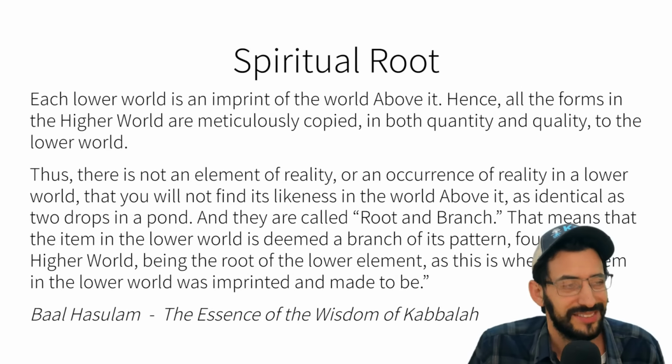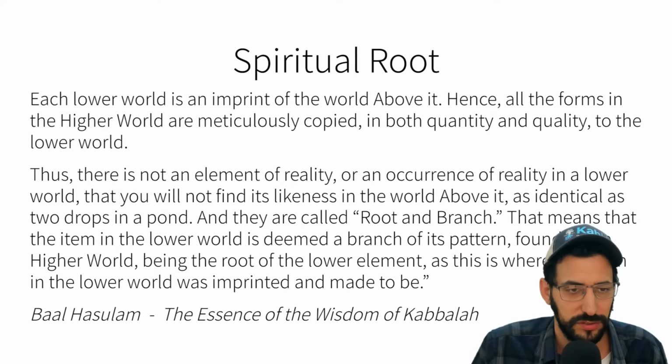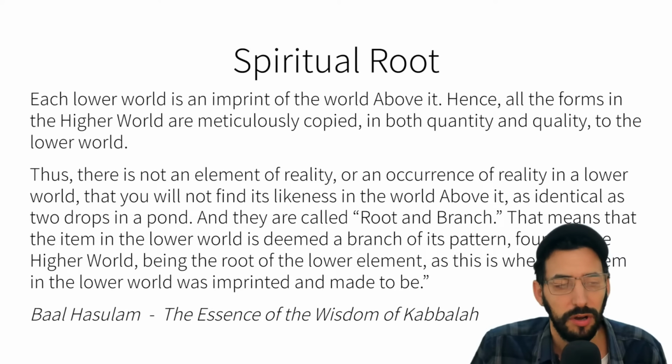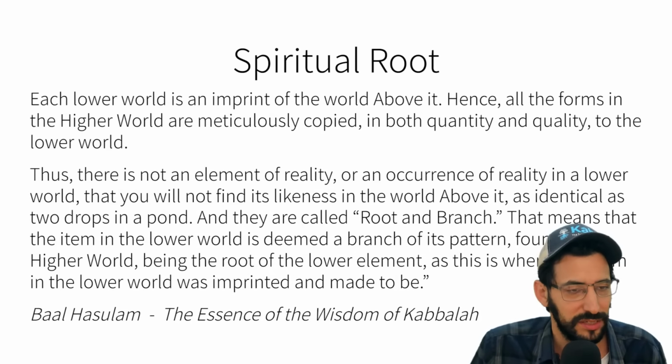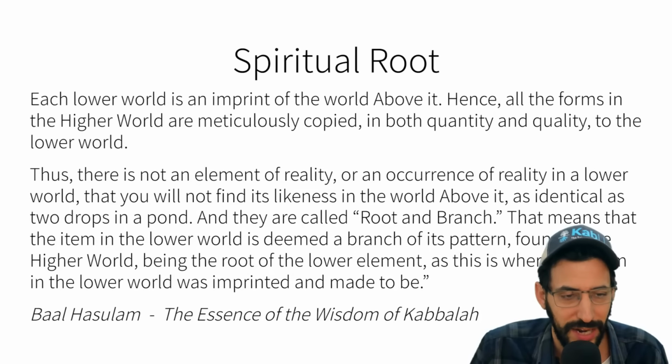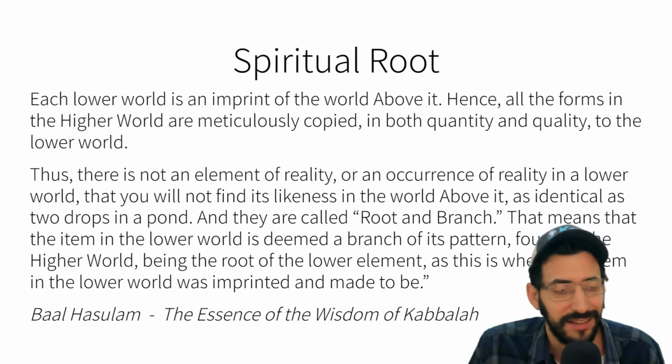Each lower world is an imprint of the world above it. Hence, all the forms in the higher world are meticulously copied in both quantity and quality to the lower world. Thus, there is not an element of reality or an occurrence of reality in a lower world that you will not find its likeness in the world above it, as identical as two drops in a pond.